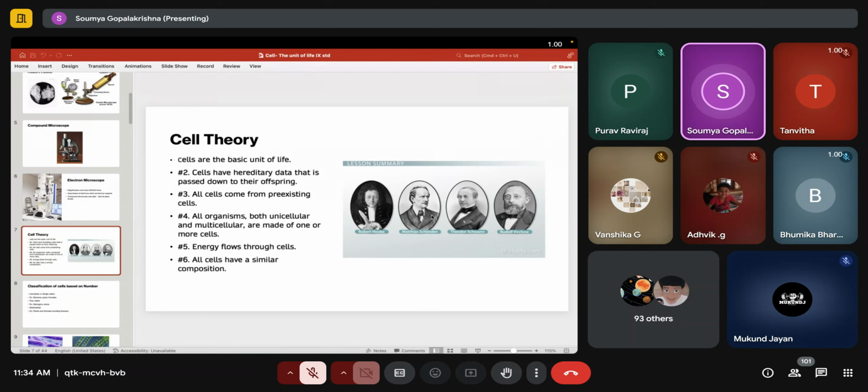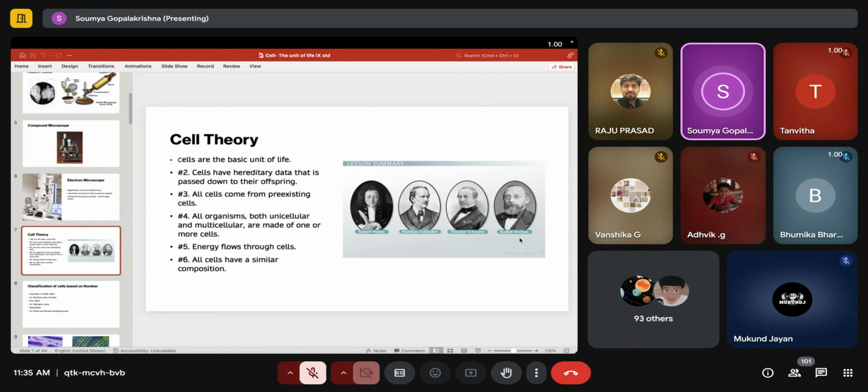Then three German scientists came out with a set of postulates called the cell theory. Who are they? Matthias Schleiden, Theodor Schwann, and Rudolf Virchow.